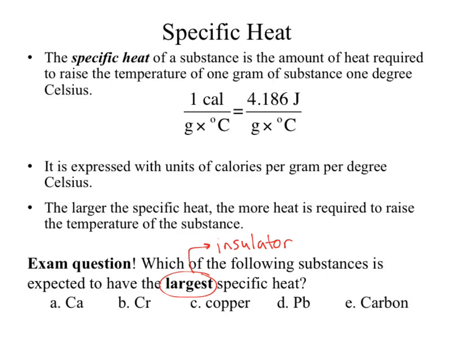The nonmetals. So our answer needs to be somewhere on the periodic table, where? The upper right corner. Because in the lower left corner, we are looking at metals. Metals are conductors of heat. We want something that is an insulator.